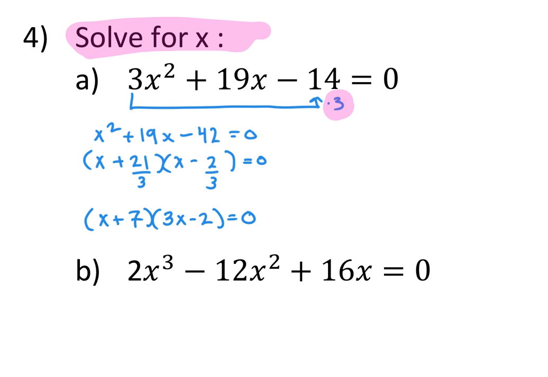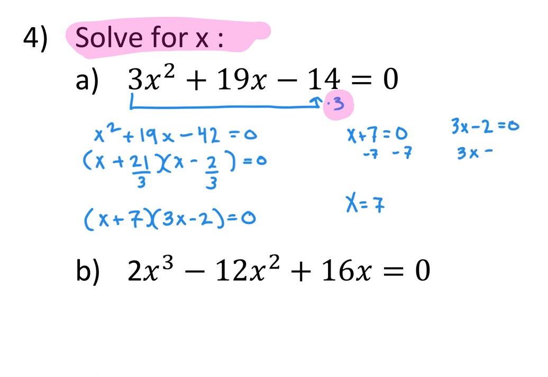Now, actually solving this problem requires us to take each of the factors and set them equal to 0. So if I set x plus 7 equal to 0, we get x equals 7. Then we're going to let 3x minus 2 equals 0.